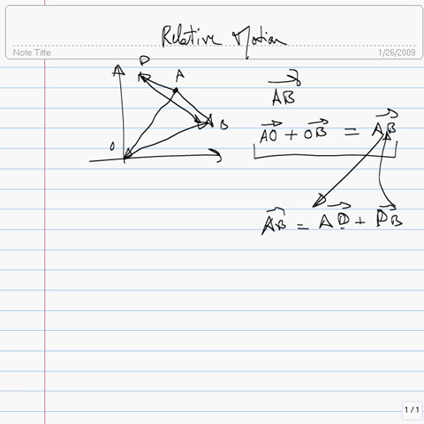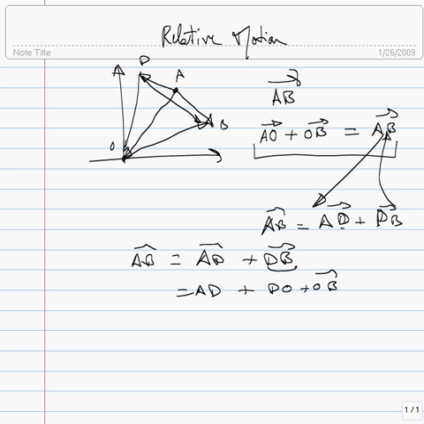First go to D, then to O, then to B. So I could have decomposed AB as AD plus DB, and then decompose DB. Instead of going straight from D to B, I'm going to use O again, so I can decompose this one as AD plus DO plus OB.